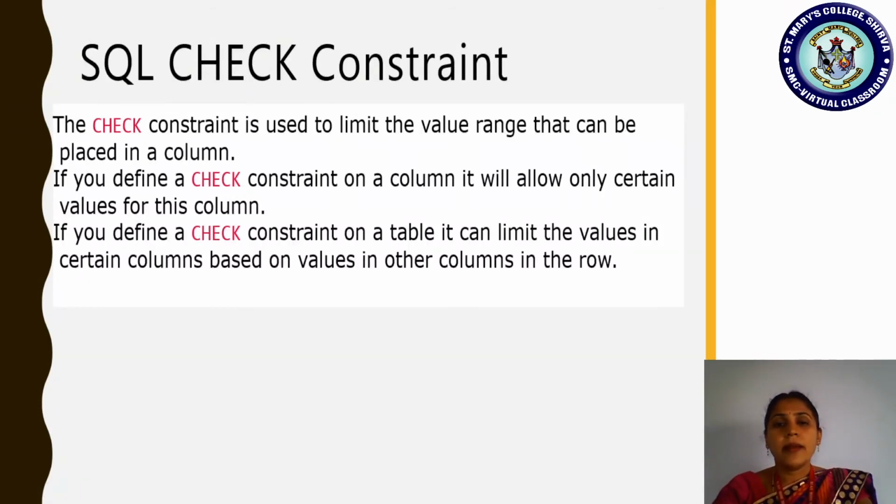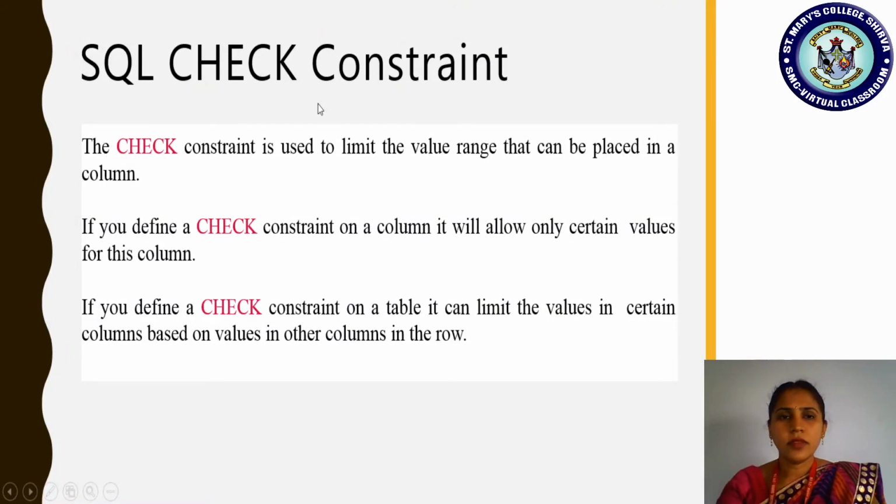Now let us discuss the check constraint. What is the meaning of it? For example, students, when we are storing the information in a table. Suppose the age attribute, which we are all familiar with.